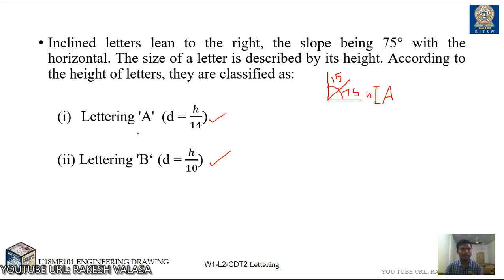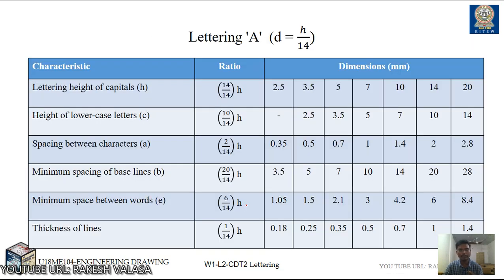Based upon different characteristics, we will see the lettering A table and lettering B table in the next slide. Let us see the lettering A table. Lettering A, d equal to h by 14. In engineering drawing, the height of capital letters we take as 2.5, 3.5, 5, 7, 10, 14, 20.